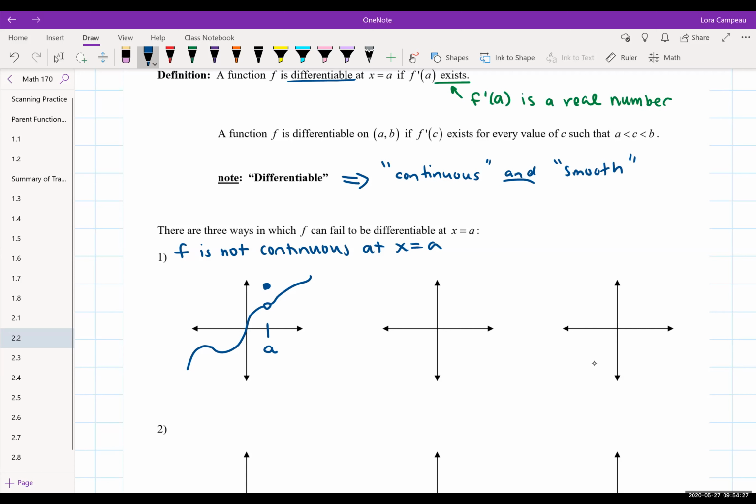We could also have a function that's piecewise, and there's that jump discontinuity coming in again. And then we have the infinite case or infinite discontinuity. That would be the case if, let's say, we had a vertical asymptote at x equals a.